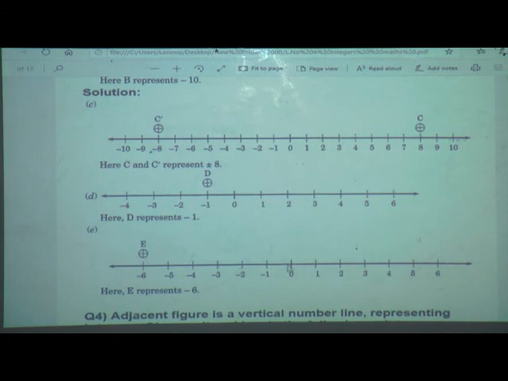From 0, we have to move towards left to represent minus 6. So minus 1, minus 2, minus 3, minus 4, minus 5 and minus 6. Here we marked the point on minus 6 and named it as E. So here E represents minus 6.